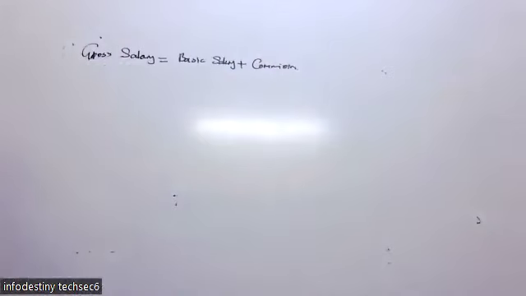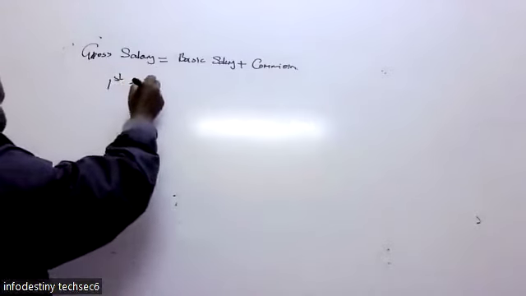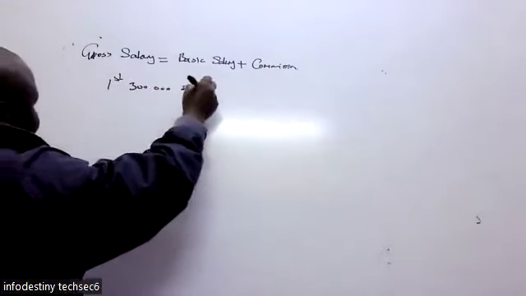Now, in this case, they are saying that the salesman earns a commission at the rate of X% on the first 300,000 of sales.